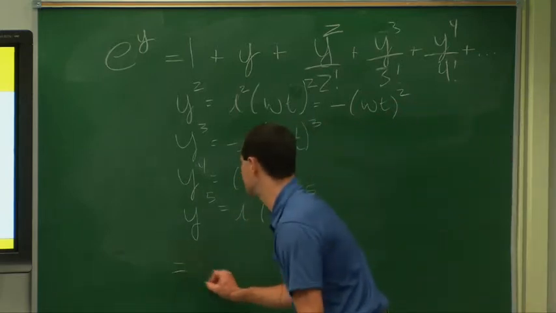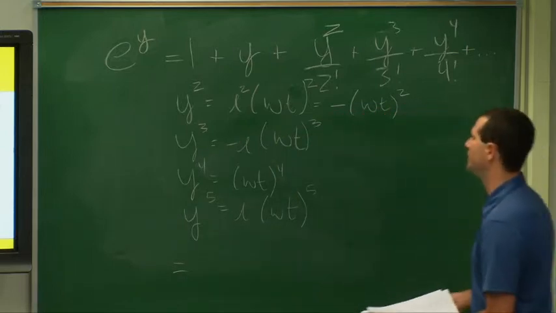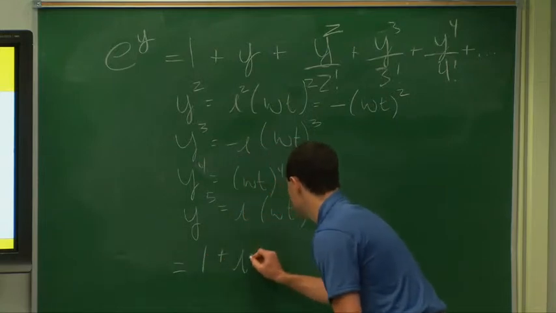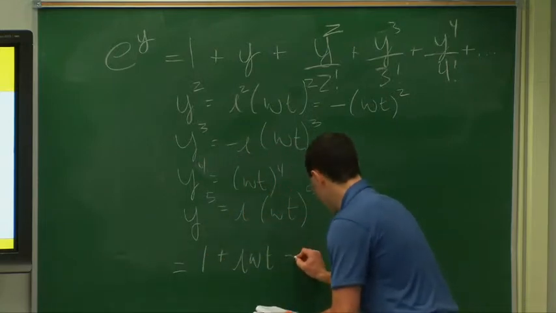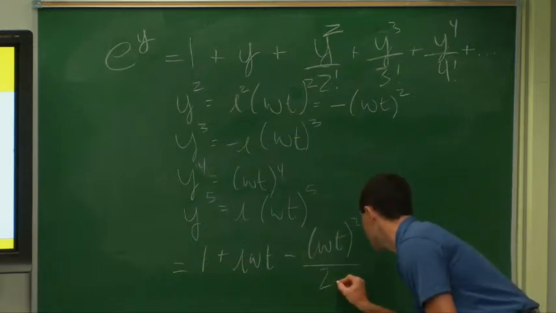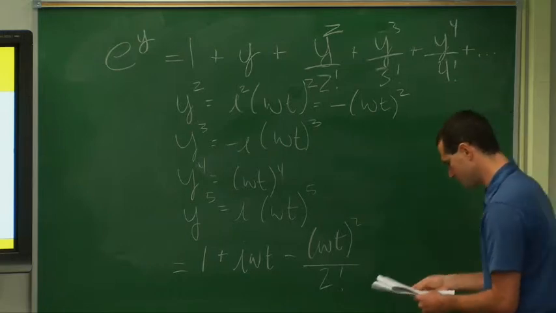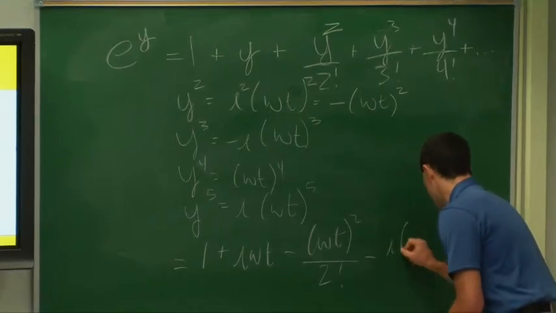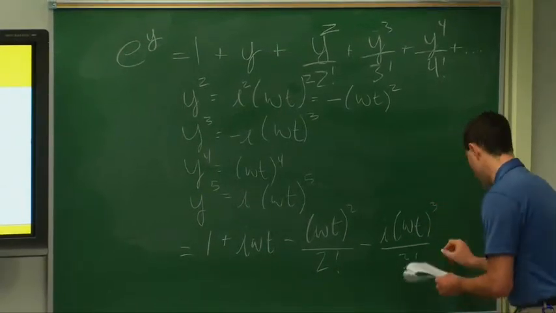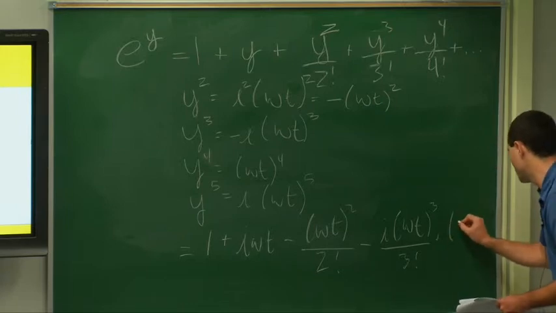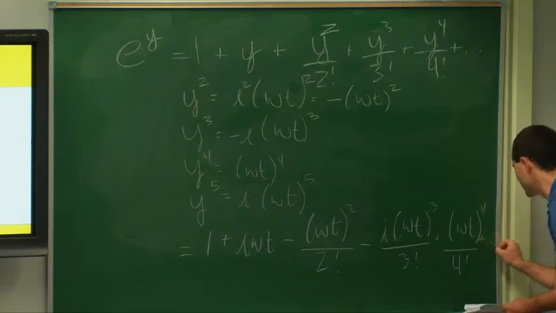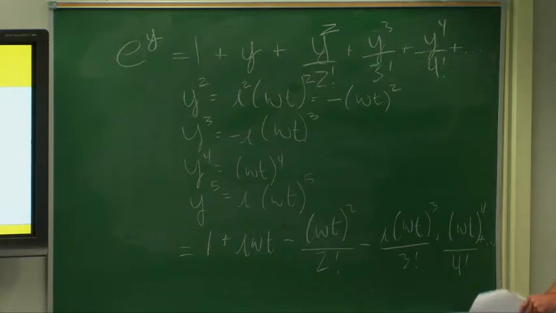So if I plug this into my Maclaurin series expansion for e to the y, I can get 1 plus i omega t minus omega t squared over 2 factorial minus i omega t cubed over 3 factorial plus omega t to the 4th over 4 factorial, and so on and so forth for an infinite number of higher order terms.